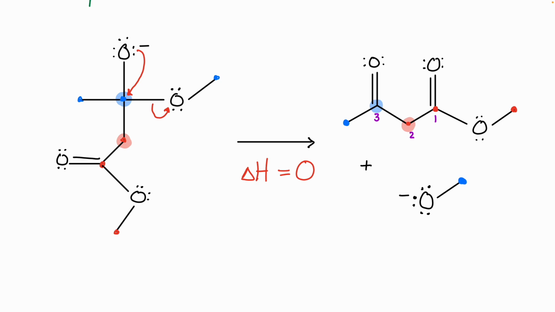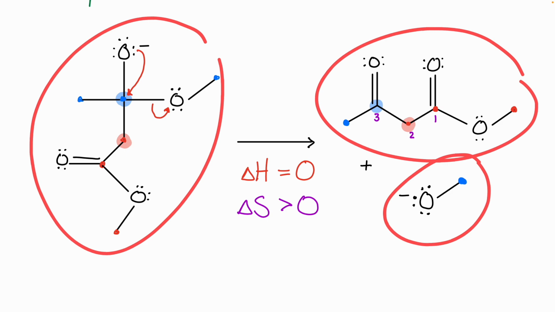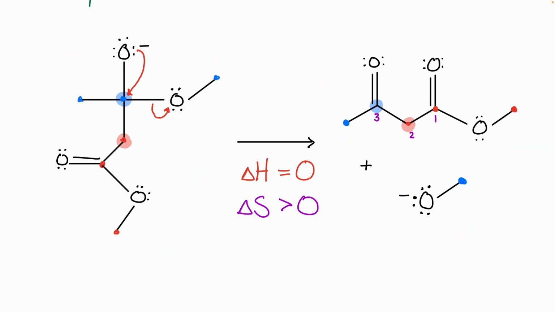It's probably been a minute since you've thought about this particular source of energy, but that means that the delta S of this step right here is positive, or it is entropically favorable, right? We take this big, complicated molecule and we're breaking it up into these two smaller parts. That's always something that would be entropically favorable. So from a how mad is the oxygen standpoint, things are pretty much a wash.